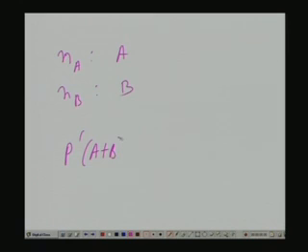So, n a plus n b times you are getting outcomes of A plus B, isn't it? That means P prime of A plus B will be what? No, not 1, n a plus n b by n.